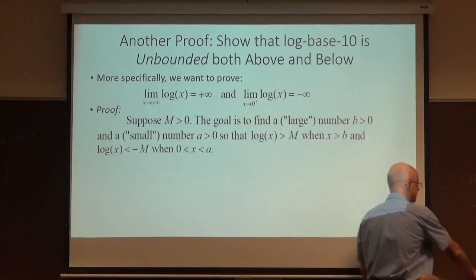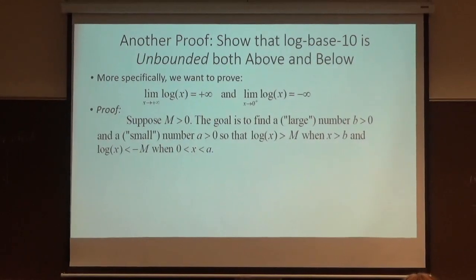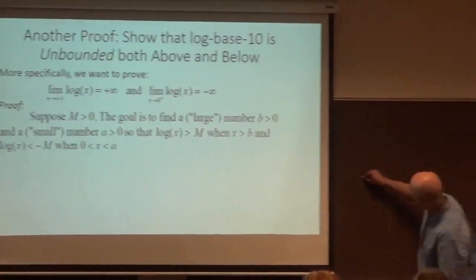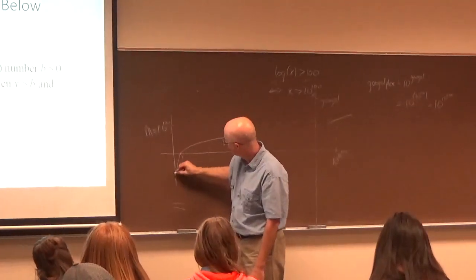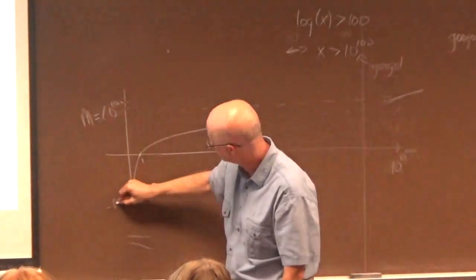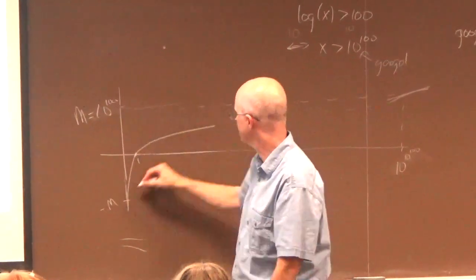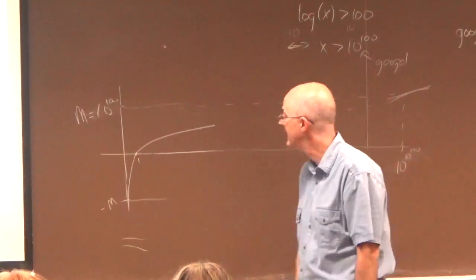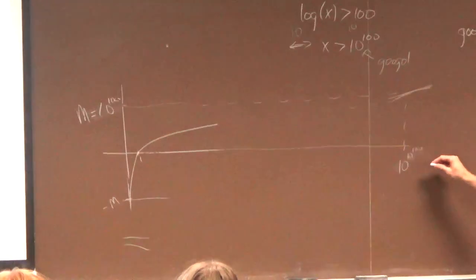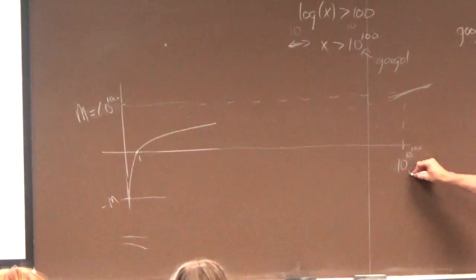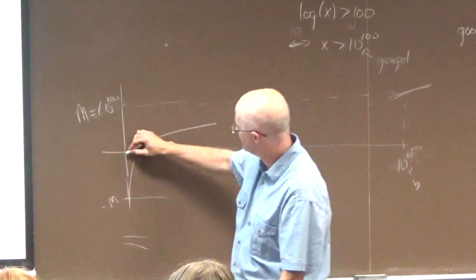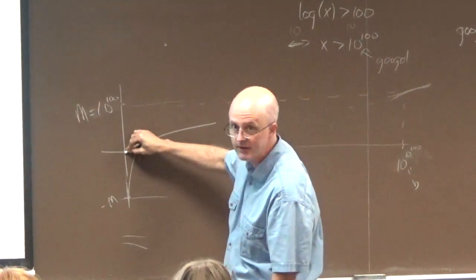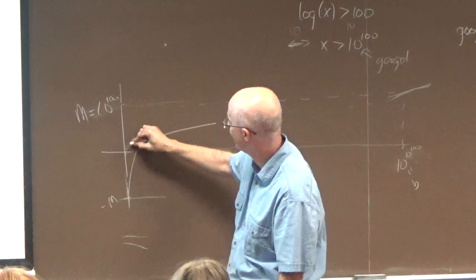So coming back to this picture over here, this is like my m right there, and negative m then would be down here. I've got these horizontal lines that I'd like to get above and below. A Googolplex right there, that would be like my b. And some other really tiny number over here, really, really close to 0, that would be like my a.